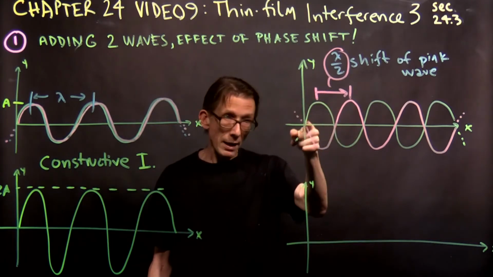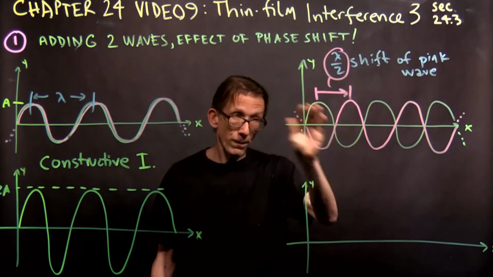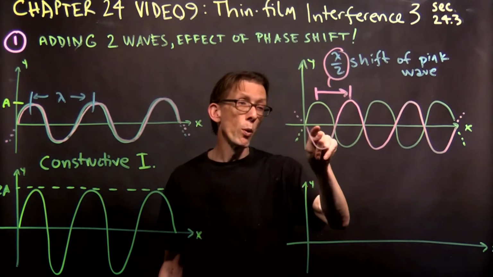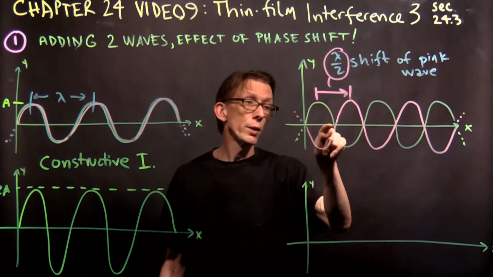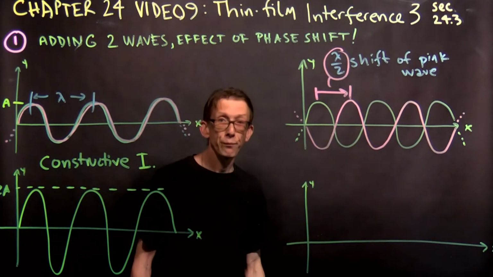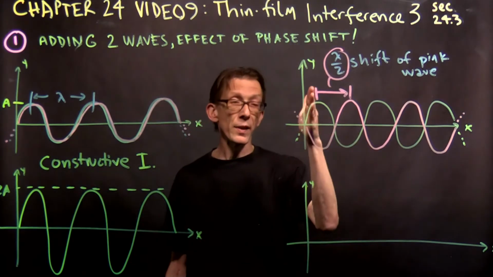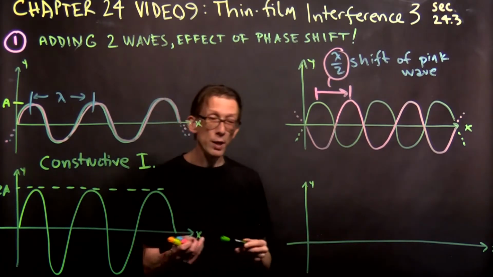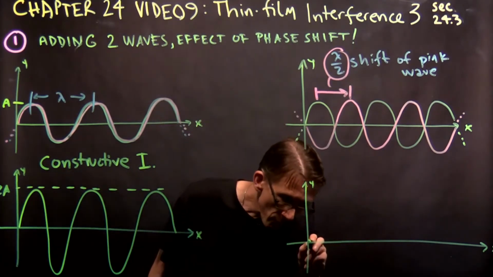As we look out along the x-axis, we've frozen this in time. This whole thing is moving, but at every point on the x-axis you have a positive and a negative adding up, so what you get is 0.